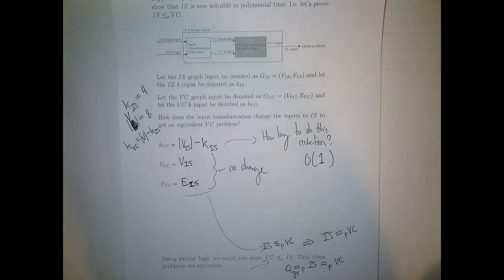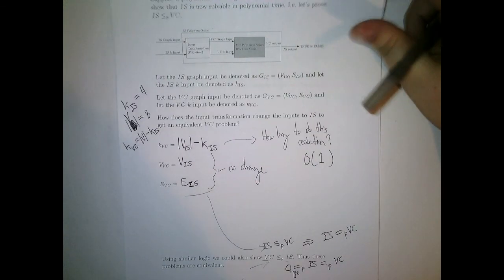Now, what's interesting here is that even though what we're seeing is pretty obvious for graph problems, like these very similar graph problems, this idea can be extended even further. These problems also have relationships to other problems which are not directly involving graphs. That's going to make our reductions a little bit trickier to see.